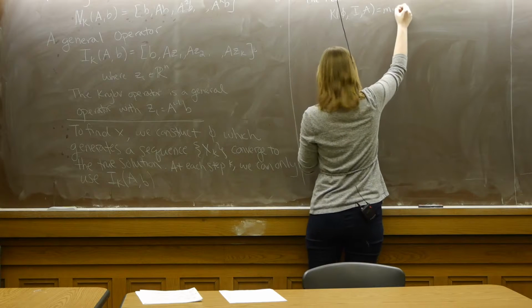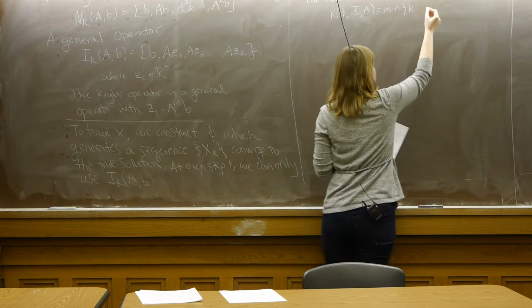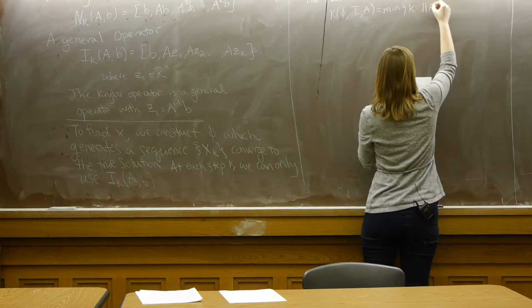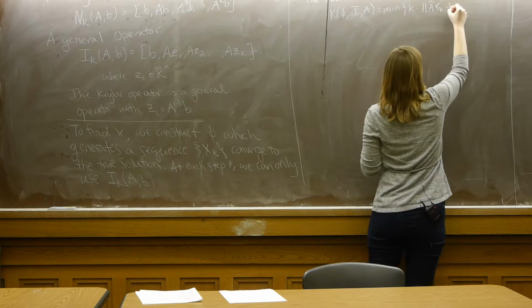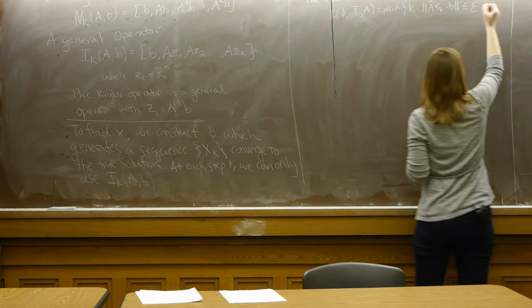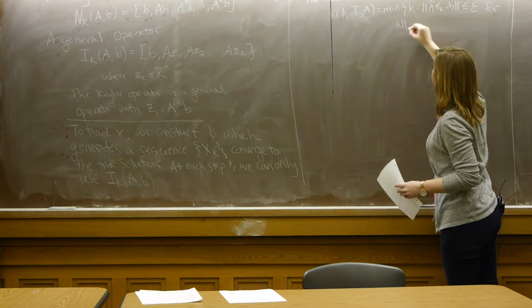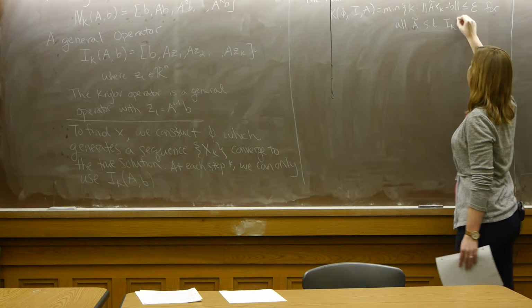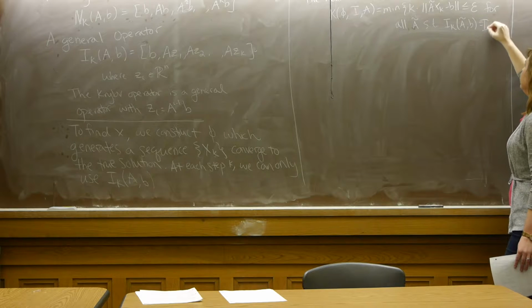It's equal to the minimum of all k such that the norm of A tilde x_k minus b is less than or equal to epsilon for all A tilde such that the information operator of A tilde is equal to that of A.